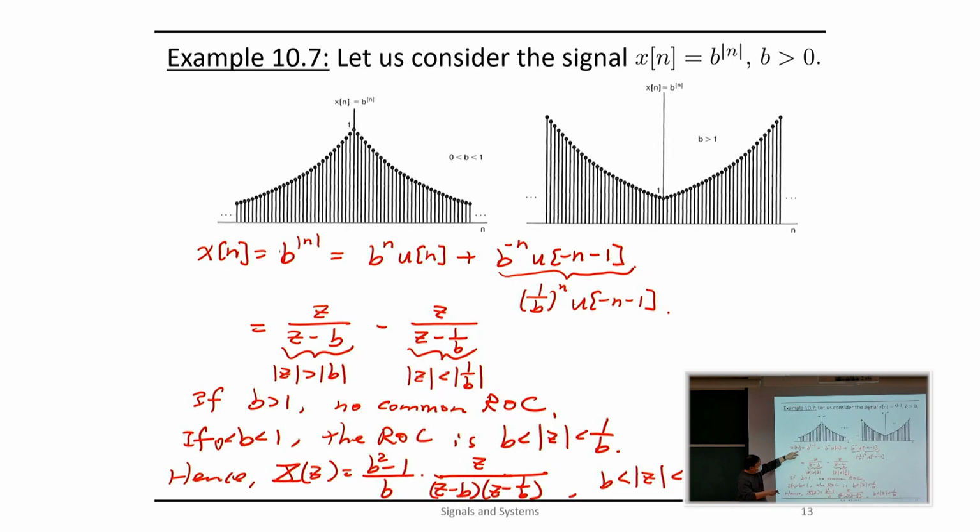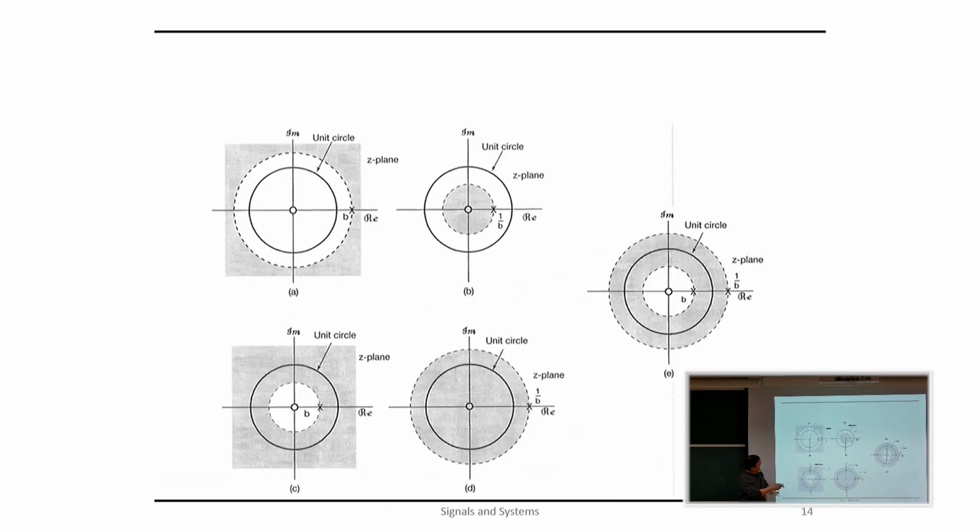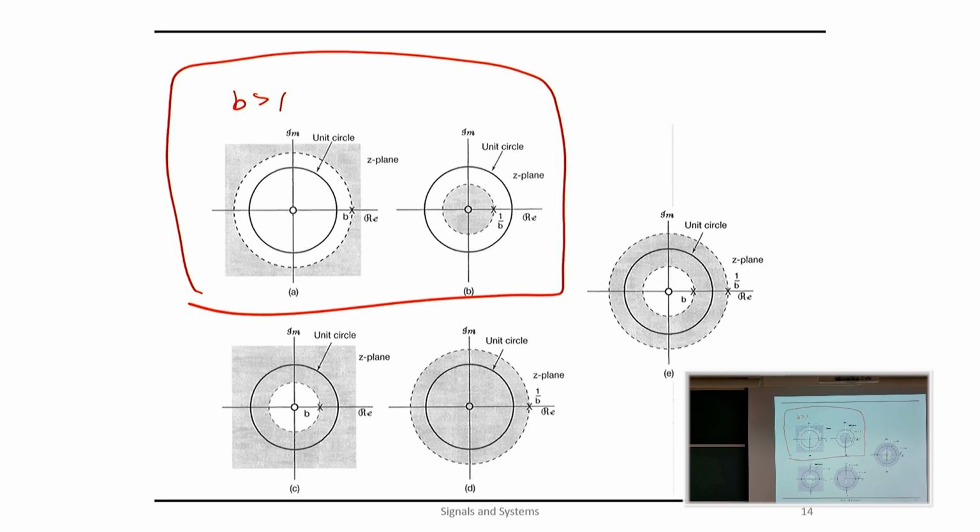And this second term has region of convergence that is this interior with radius less than 1. So the intersection between these two gives you an empty set, right? There's no common ROC. Okay, so this is for b greater than 1, right?